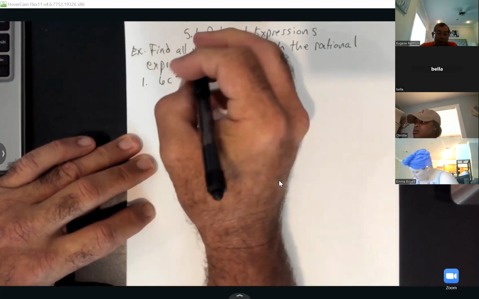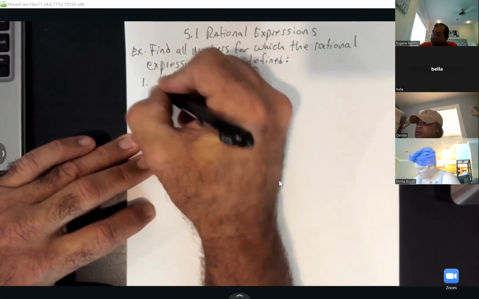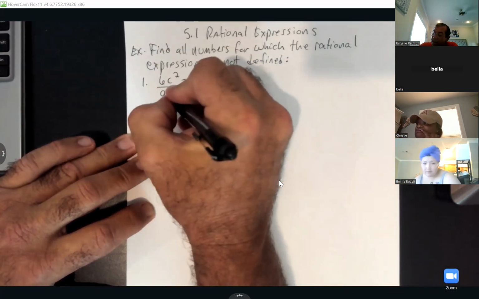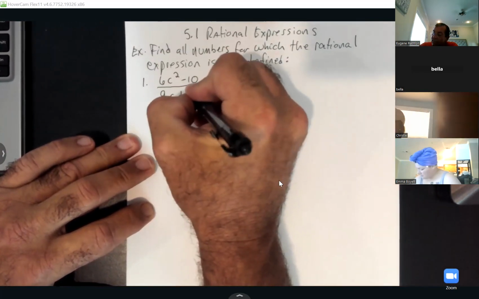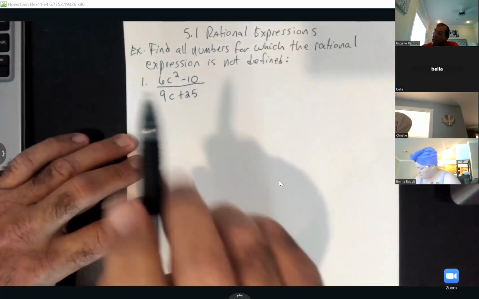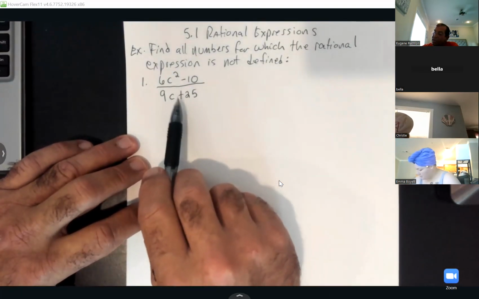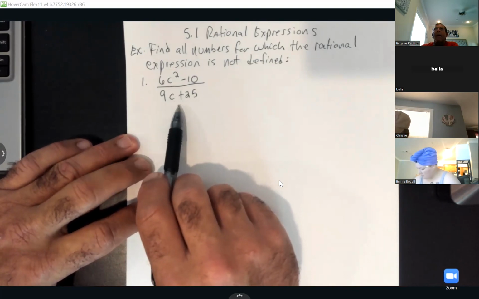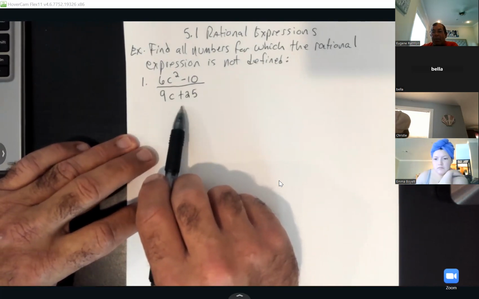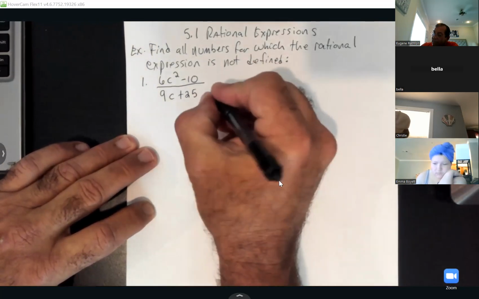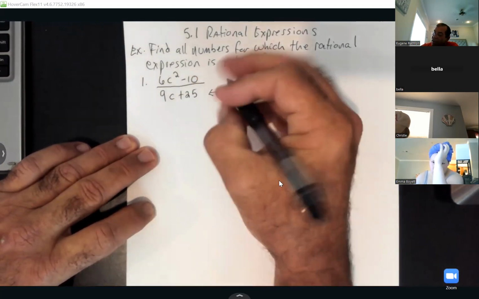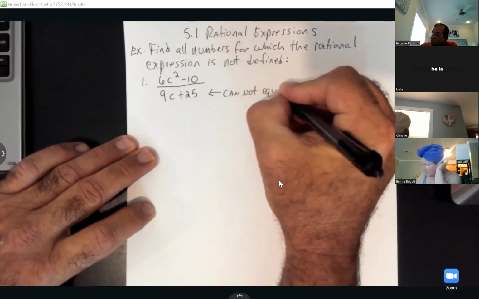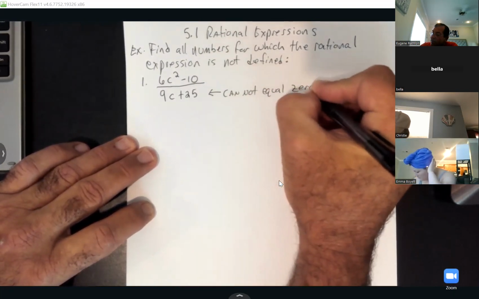6c squared minus 10 over 9c plus 25. So if I'm going to find numbers for which this is not defined, that means I cannot have a 0 in the bottom of this fraction. So remember, the bottom of this fraction cannot equal 0.